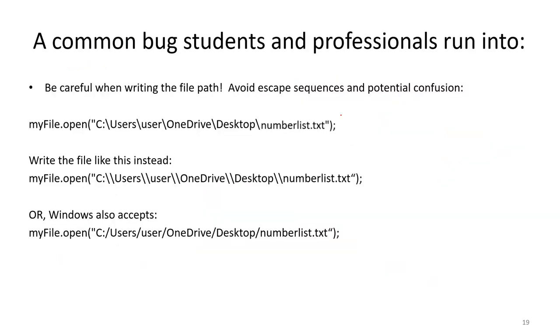So here's a common bug that sometimes comes up. One thing that can happen is when people are writing file paths that contain slashes, which could be confused with \t, \n, and the other escape sequences.